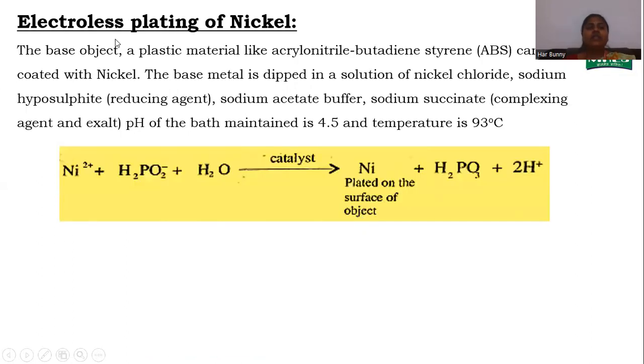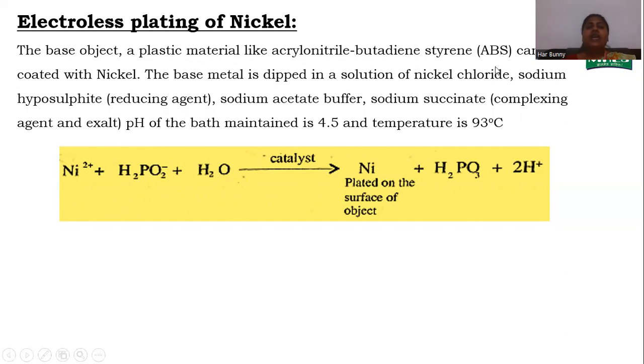So let us see the process of electroless plating of nickel. If you want to take a base object, you can take a metal, or you can take a plastic material like ABS. The abbreviation of ABS is acrylonitrile butadiene styrene.